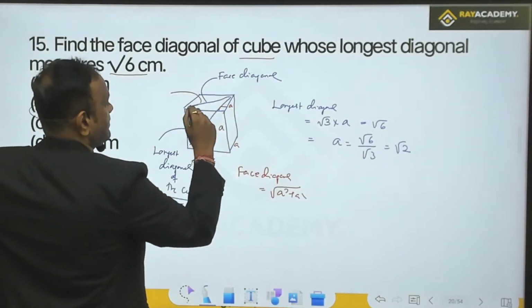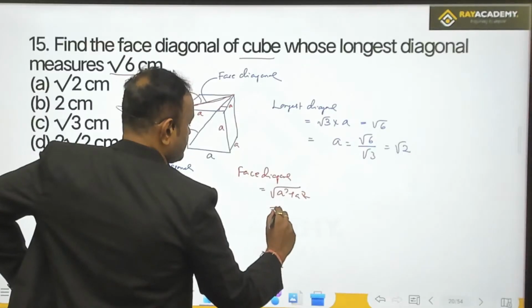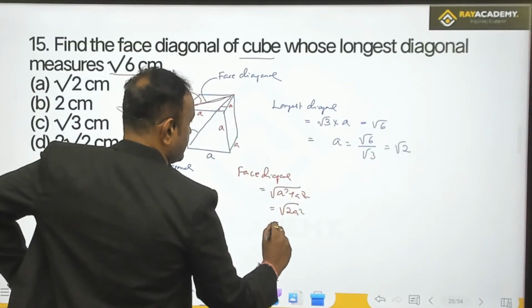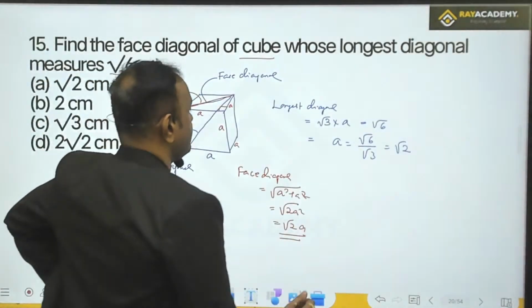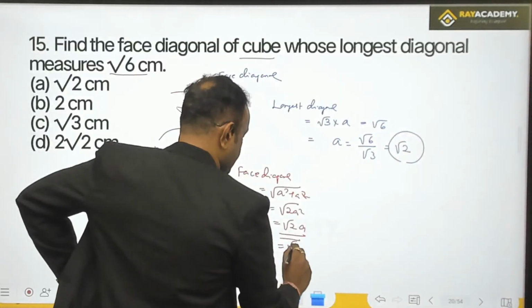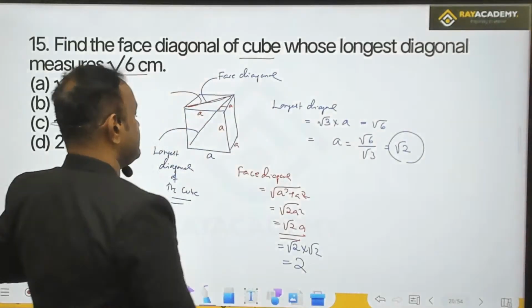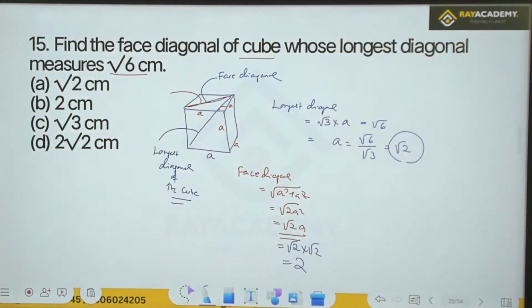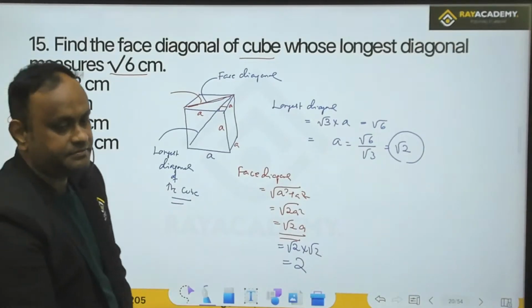So this will be square root of 2a square, or you can say root 2 a. Now you have the value of a is root 2. So it is root 2 multiplied with root 2. So you are getting 2. So this is the length of the face diagonal. So the right answer is option B.